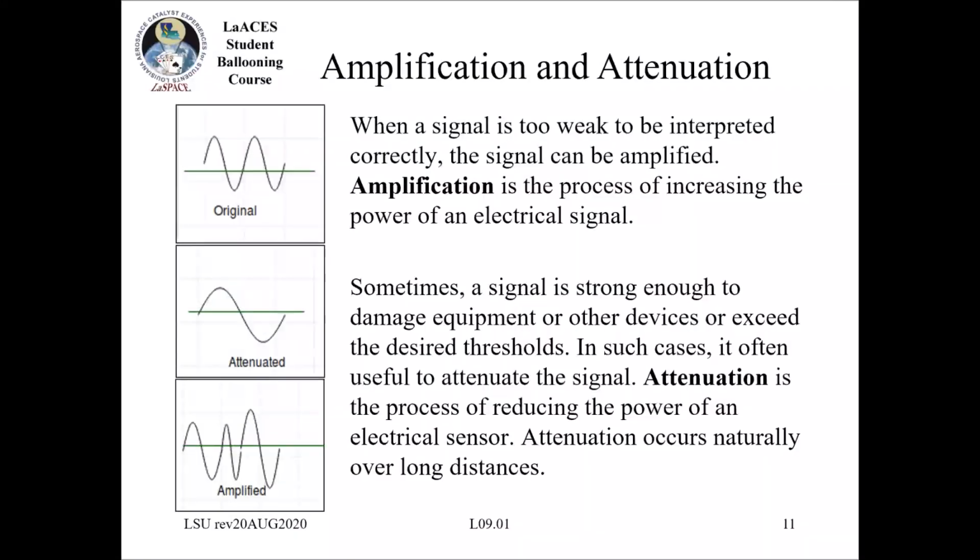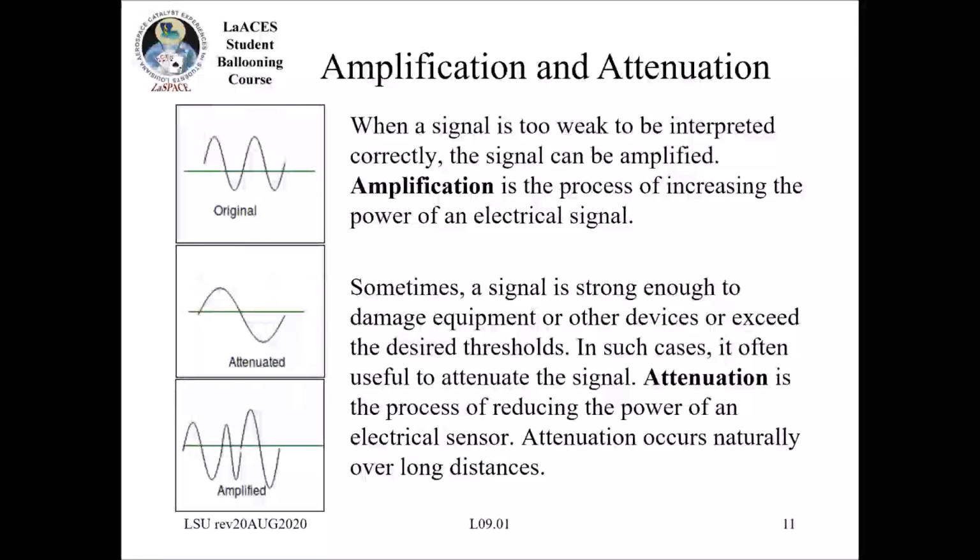Sometimes you have the inverse, where the signal is too strong. If you put that into your Arduino, it's just going to fry it, and you're not going to be able to use it anymore. So you'll need to attenuate the signal. Attenuation is not as often used because it is something that naturally happens to a lot of signals, even across a wire.